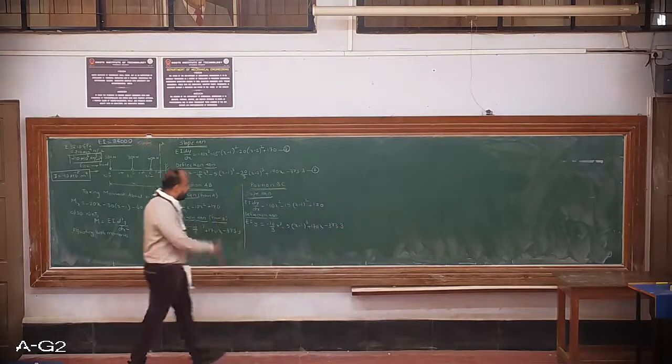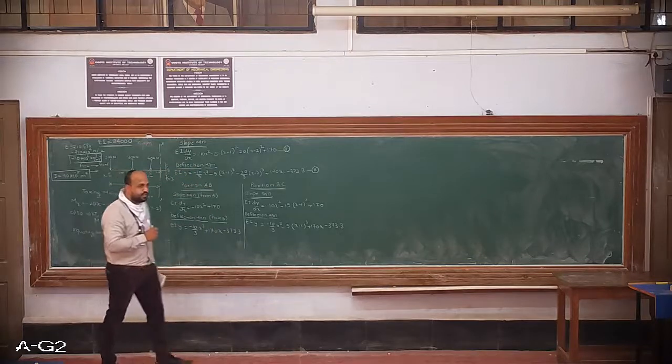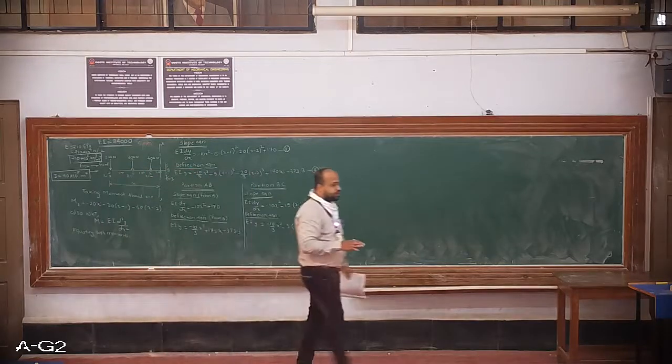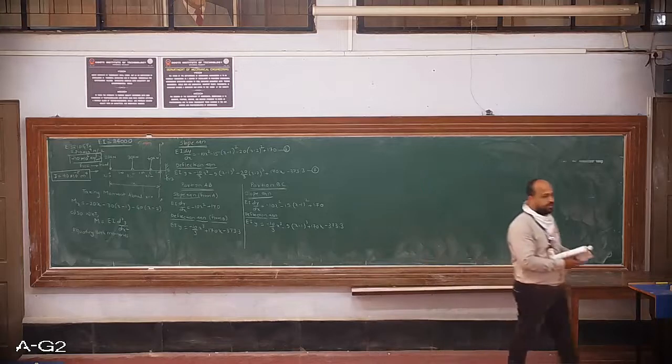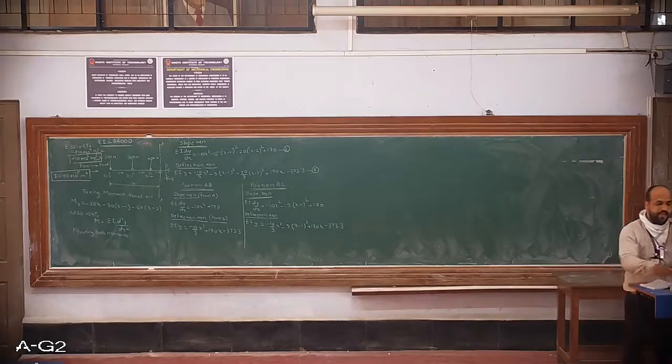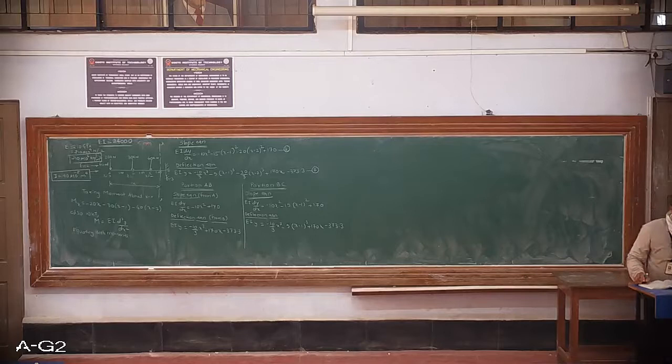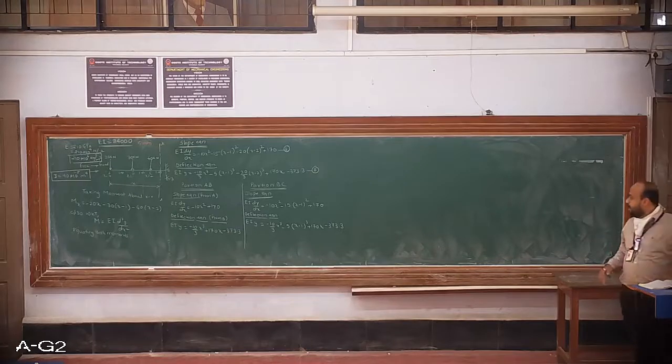This is my deflection equation for portion BC. When I consider portion CD, this entire equation will come. But we are not interested in finding it at D, because logically at a support, slope and deflection will become 0. Okay, that's why we are not finding at point D.